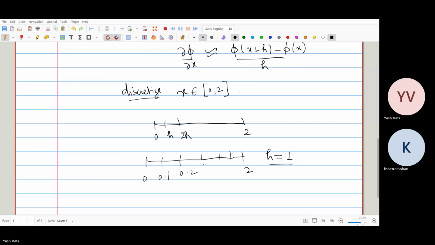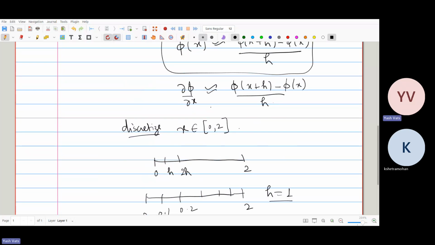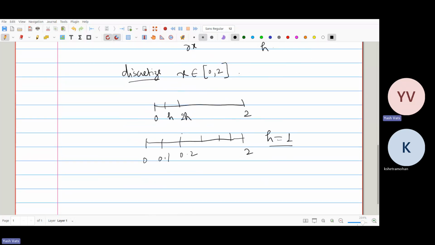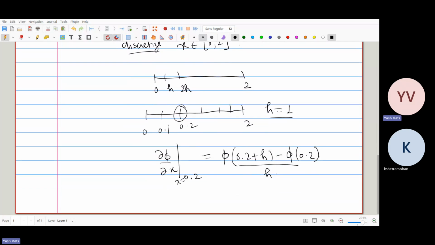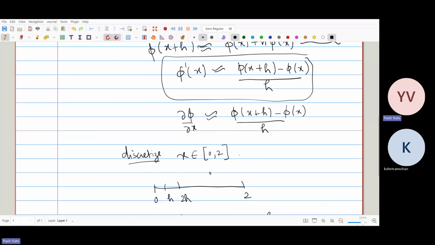If you want to calculate del phi over del x at x equal to 0.2, it is phi at 0.2 plus h minus phi 0.2 divided by h, and h is just 0.1 here. So you can easily find out this value.